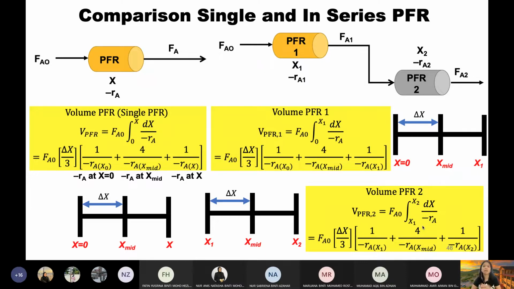Its middle X is actually 0.7. So now it becomes 4 per minus RA when my X is 0.7. Students often get confused about how to find this middle X value. You must know it is the middle X between initial and final. If my initial is 0.6 and final is 0.8, the middle is 0.7.